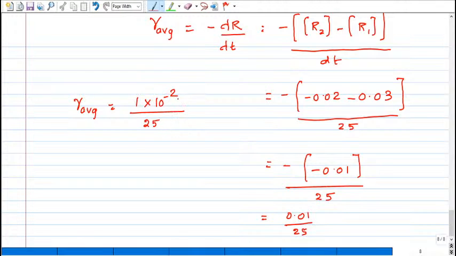Now I can divide 1 by 25, or I can also write it as 100 into 10 power minus 4 divided by 25, in which I can cancel 25 four times. It is 4 into 10 power minus 4.